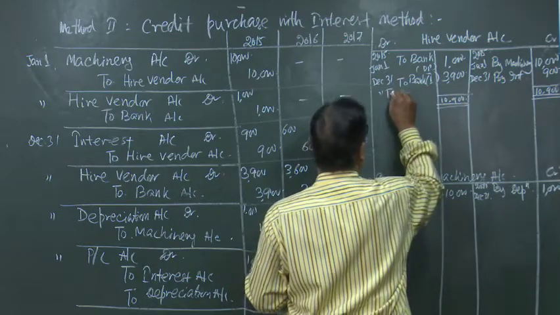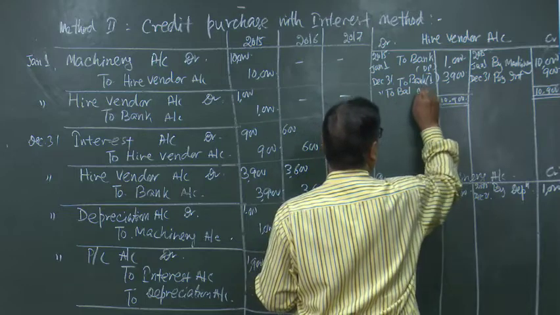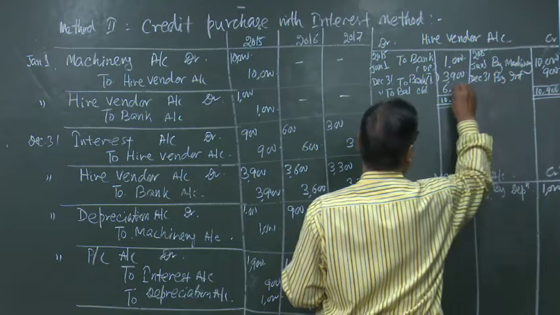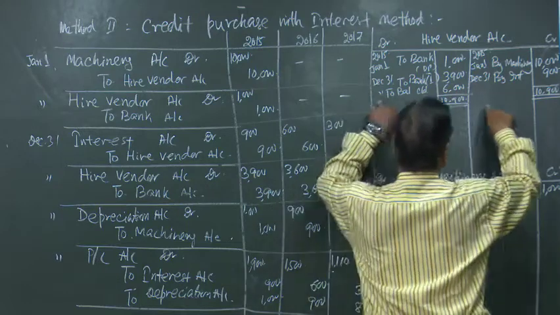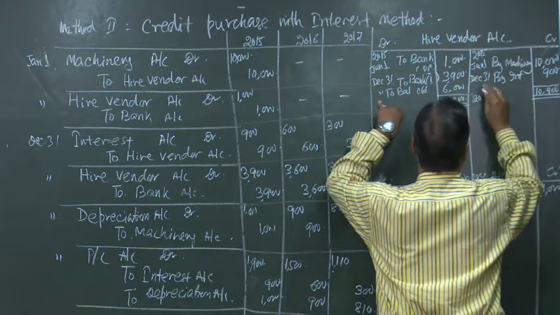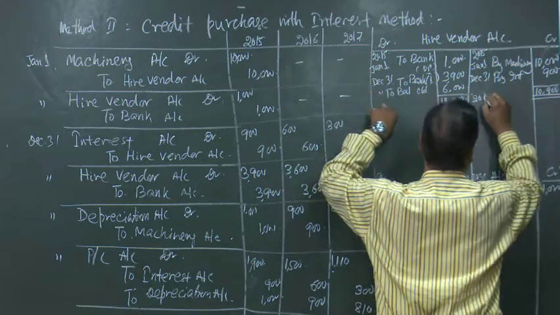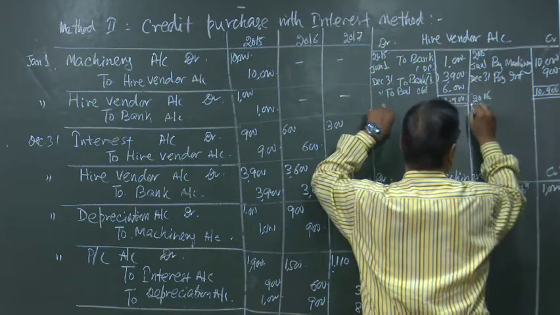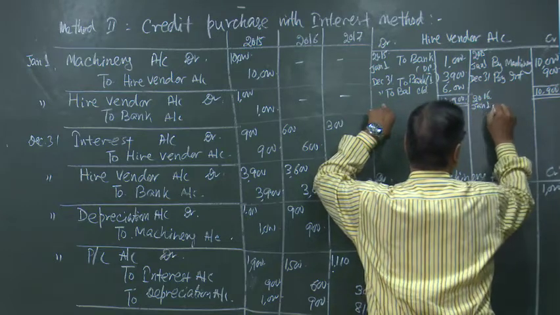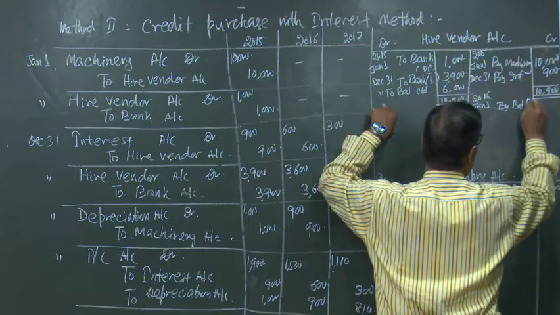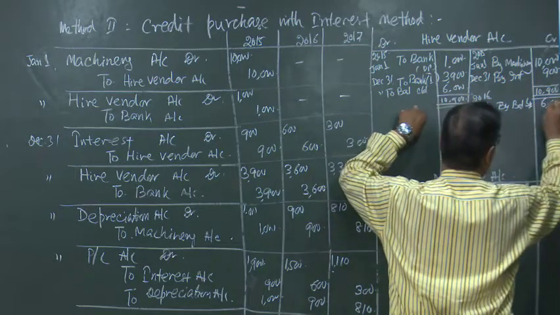Same date, to balance carried down 6,000. So that in the next year, 2016 January 1st, we will have by balance brought down 6,000.